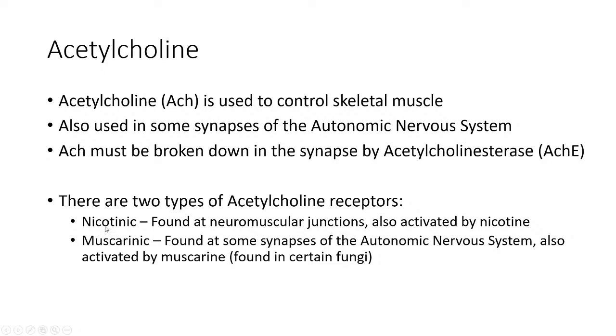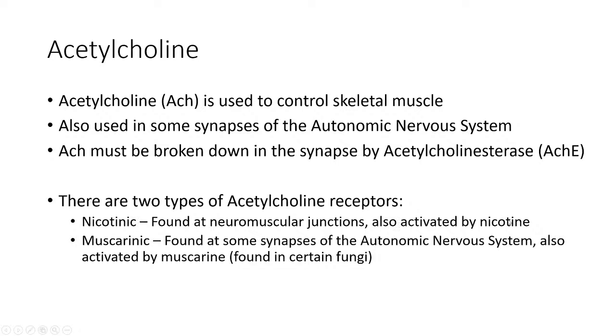Now there are two types of acetylcholine receptors known as nicotinic and muscarinic receptors. Nicotinic receptors are located at the neuromuscular junctions. That is the junction between the neuron and the muscle fiber, the skeletal muscle fiber. We also find nicotinic receptors at some of the synapses in the autonomic system.